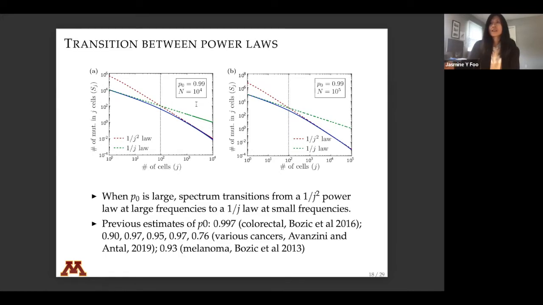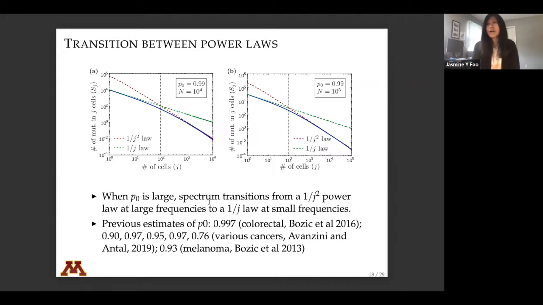So you need to consider both the skeleton cells and the cells whose lineages eventually die out. And when p naught is large, so that's a high cell death, most cells are ones whose lineages eventually die out. And so when it approaches 1, these clones start to behave like a critical branching process with net growth rate 0. And that's why these mutations start to follow the 1 over j law of a constant size population.